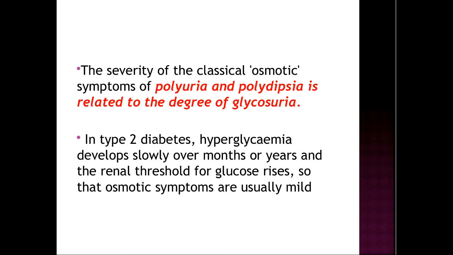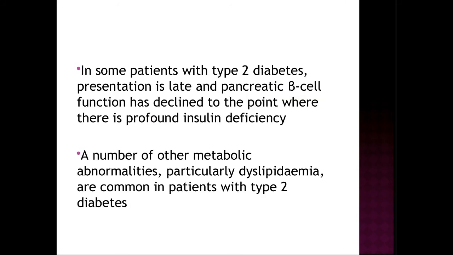In second type diabetes, hyperglycemia develops slowly over months or years, and the renal threshold for glucose rises, so that osmotic symptoms are usually mild.